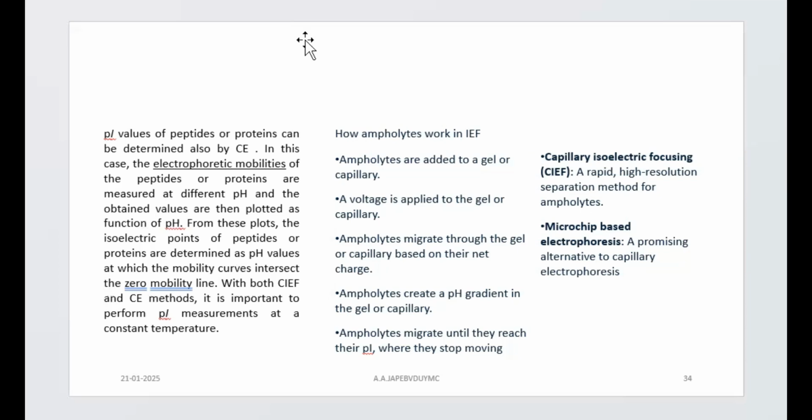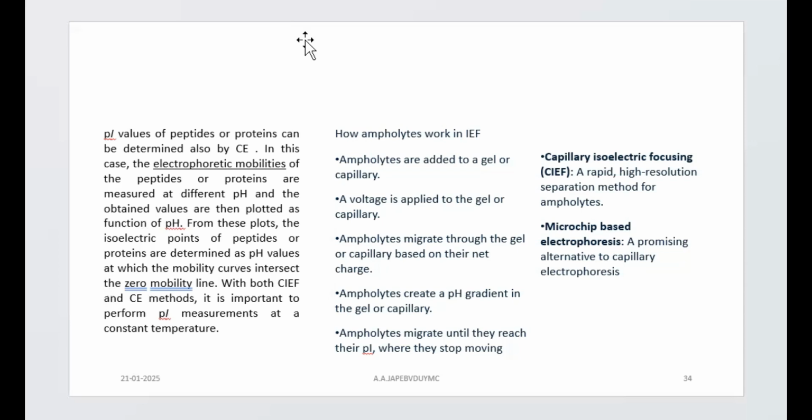So ampholytes will migrate to a point where they are going to be used in specific concentrations. The gradient gel is prepared by adding the ampholyte, and then your sample analyte is added to that capillary electrophoresis system.